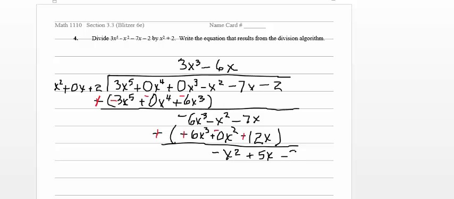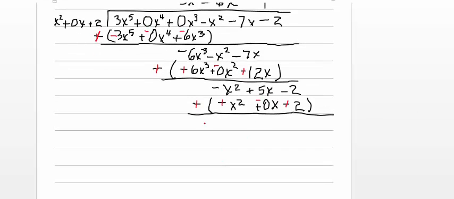And I'll bring down that final term, my constant negative 2, and divide again. x squared into negative x squared is negative 1. Negative 1 times my divisor is negative x squared plus 0x minus 2. Change that to an addition.